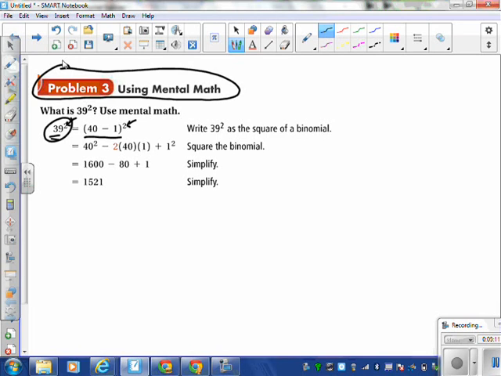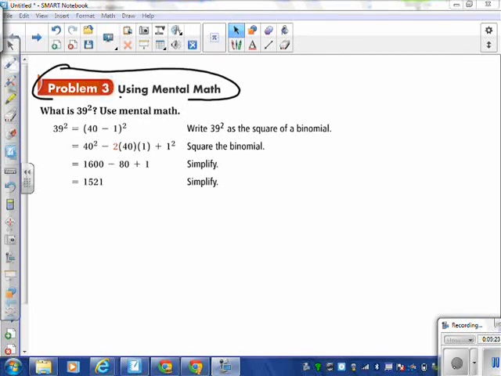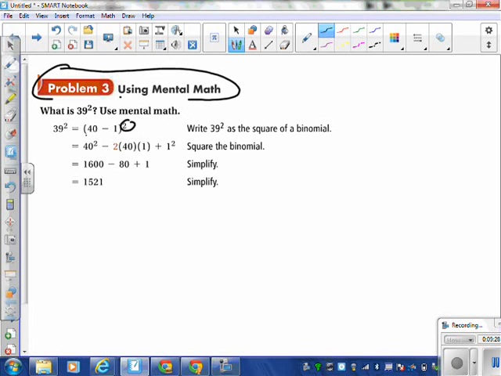So, using what we know so far, we would take this 2 with the 40 and square that. 2 with the 1, square that. And then we have 2 times both of those numbers to give you 2 times 40 times 1. And we know that 40 squared is 1600, because that's just 4 squared, which is 16 with 2 zeros.